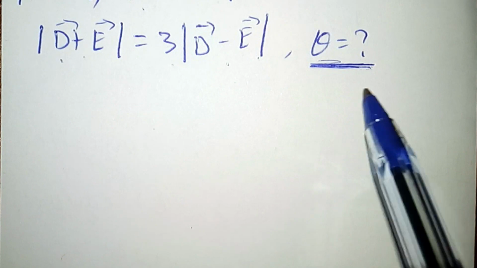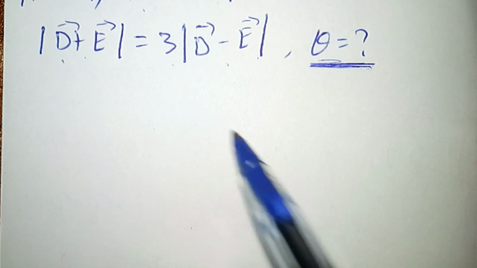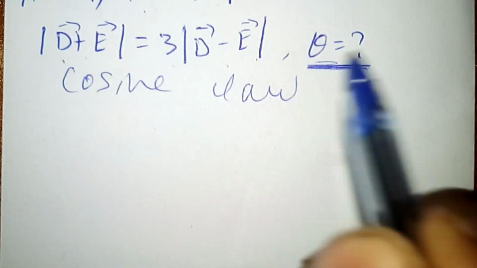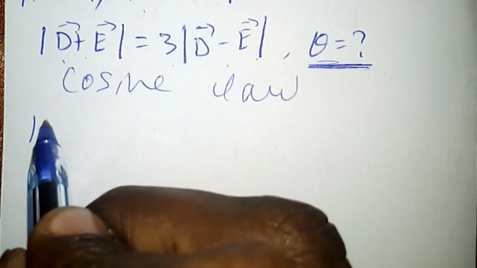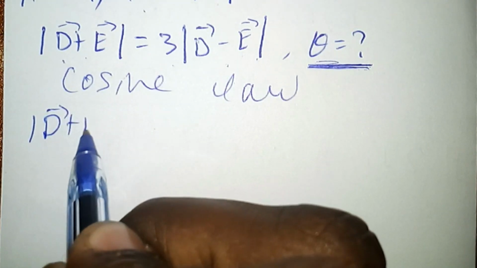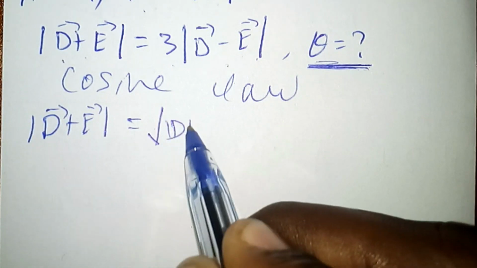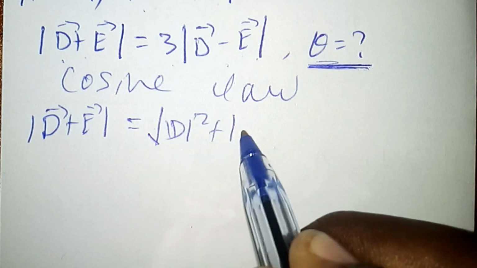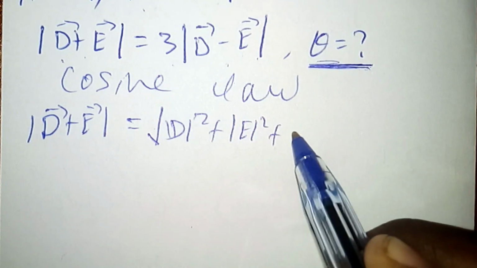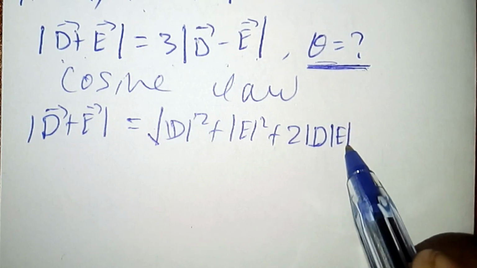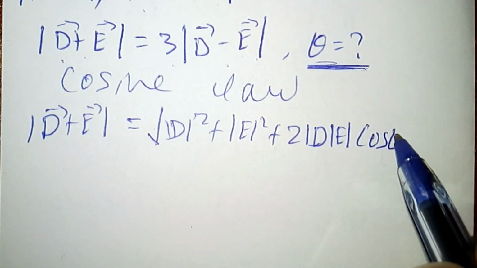To do this, we use the cosine rule, that is, the cosine law. The magnitude of D plus E is the radical of the magnitude of vector D squared plus the magnitude of vector E squared plus twice the magnitude of vector D and the magnitude of vector E times cos of theta.